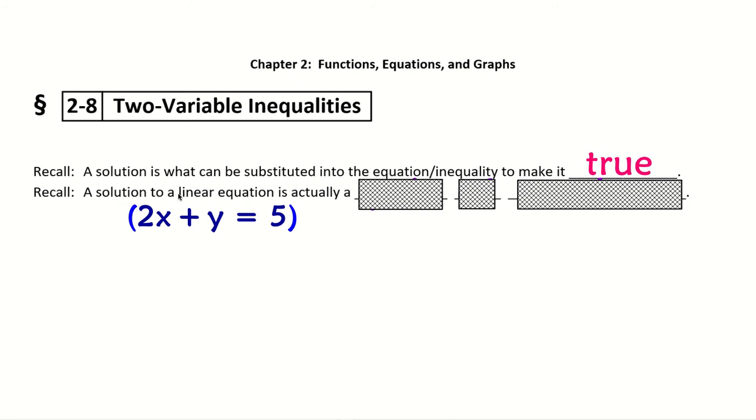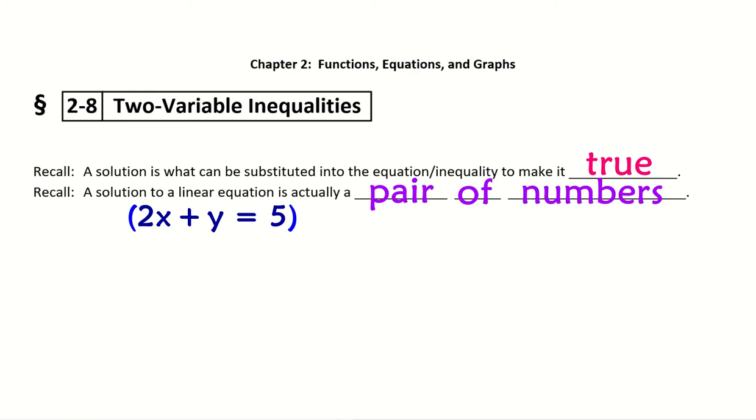But a solution to a linear equation is its own separate little recall, because it's upping the ante with having not just one variable, but two variables, an x variable and a y variable. So for something to be a solution to this linear equation, it actually has to be a pair of numbers.